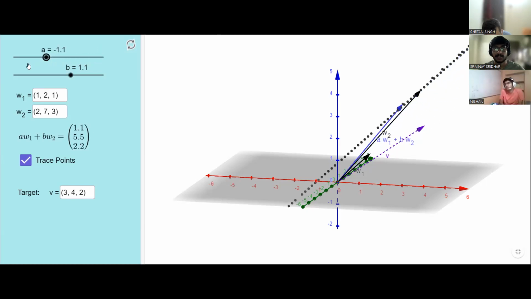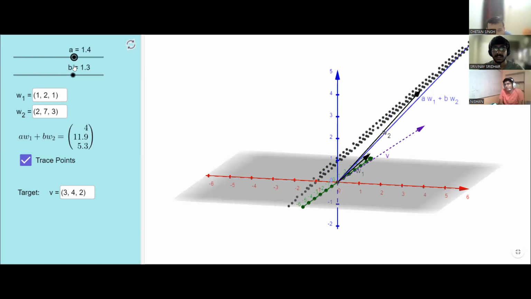Now I'm spanning another line. And what if I change the value again and span that? Now you can see that we are slowly spanning lines which are moving along.